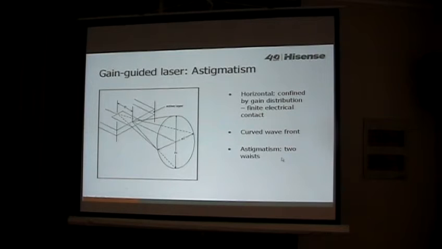What this means is that it introduces astigmatism. This means if we take a vertical cut and a horizontal cut and look at the wave distribution, we find the focus points are at different locations. This will cause a lot of trouble in designing the optics to focus all this into the nonlinear optical crystal.